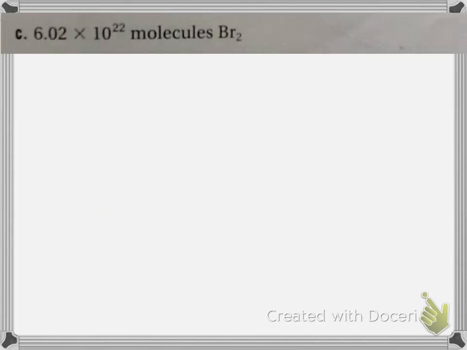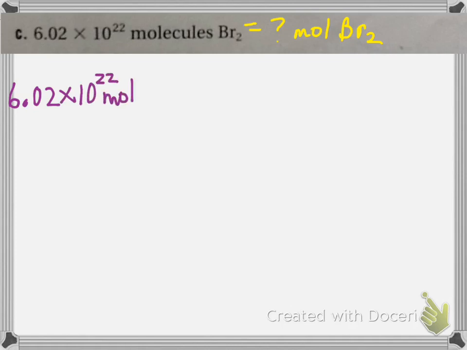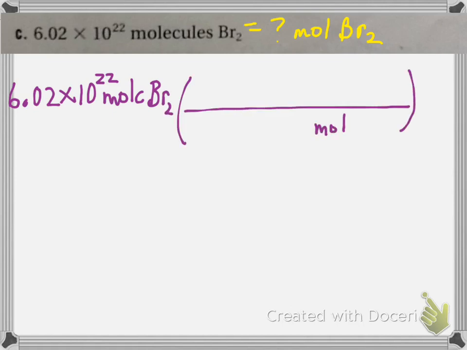All right. Letter C, once again, is asking me to figure out how many moles of bromine this is. So again, I'm starting with 6.02 times 10 to the 22nd molecules of bromine. Molecules of bromine have to go on the bottom. Moles of bromine are going to go on the top. 1 mole is Avogadro's number.